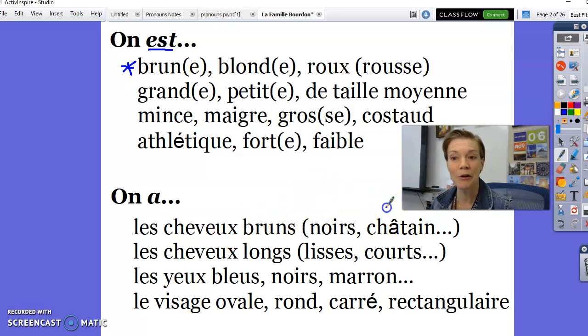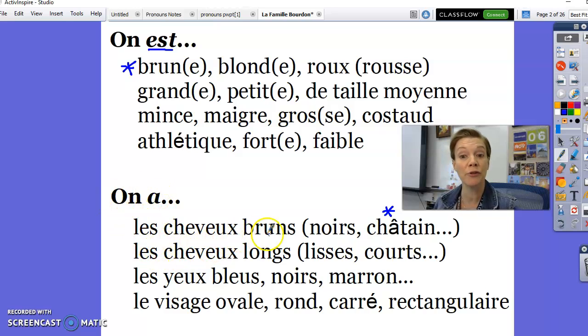This is a new one, and there are a few more in your textbook if you're looking on page 36. Châtain, châtain clair, et châtain foncé. Châtain is chestnut, so it's a brownish color. We're talking about clair is light, foncé is dark. Châtain by itself is just sort of that brownish blondish color. Kind of hard to describe, except chestnut sort of does the trick.